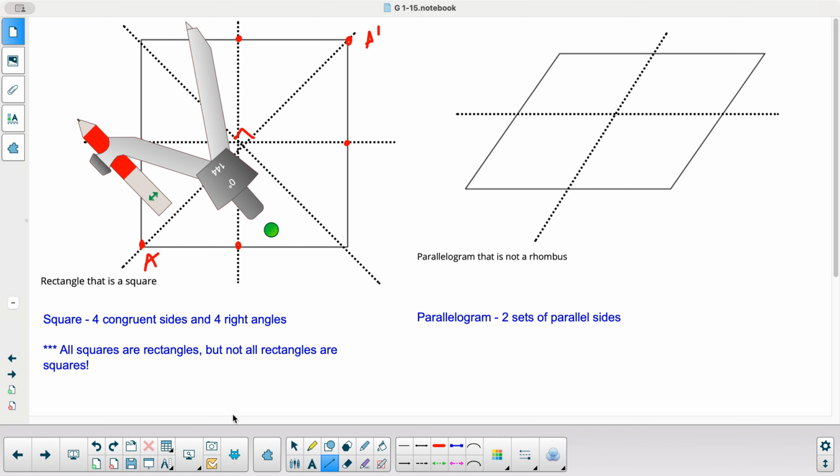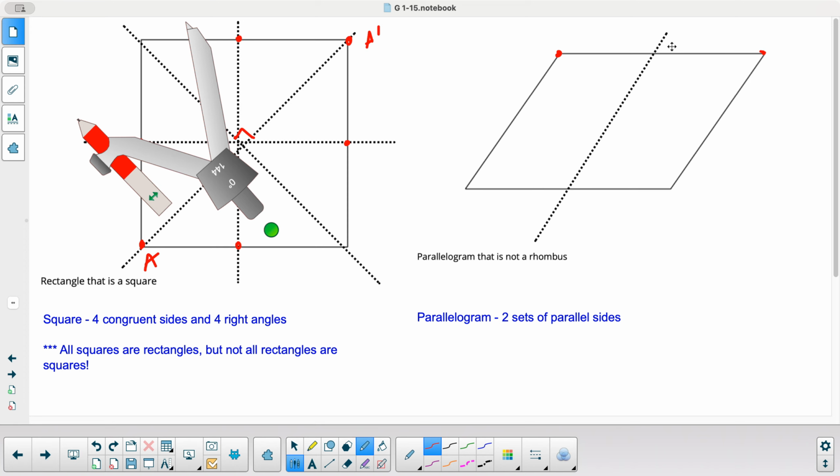So if you look at this, okay, let's look at this one. From here to here, you can see that this line is not perpendicular. So this point right here, if I was going to reflect it, it's not the perpendicular bisector of this segment.